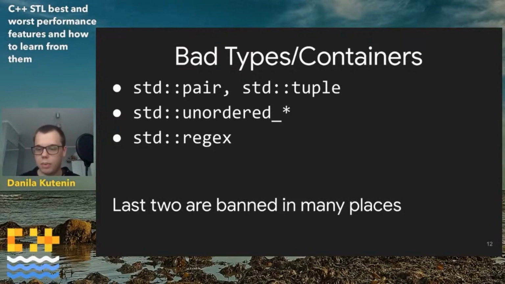It's a thing that people don't actually know, the performance penalties. You named standard variant as a good data structure, but standard visit is considered to be slower than using a switch statement. How do you recommend using variants? I was talking about standard variant, that it propagates the copy and triviality when the underlying types are trivial.